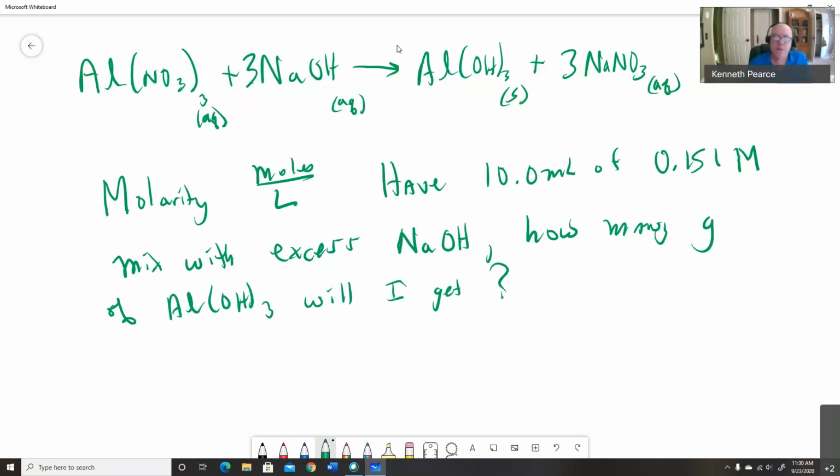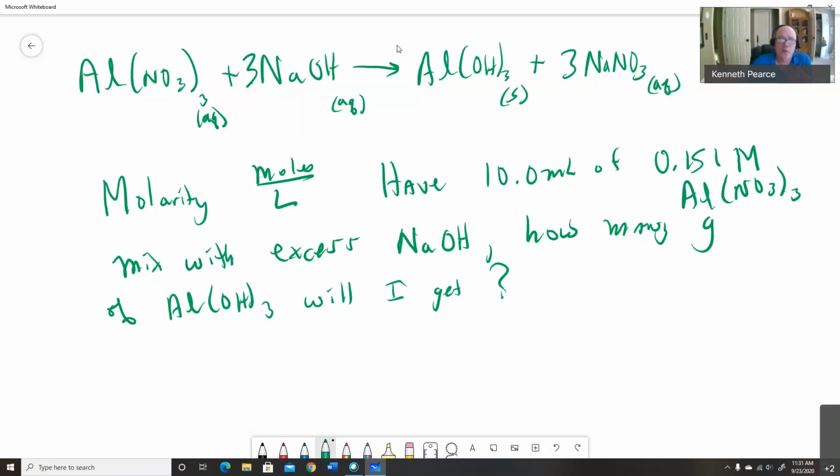Okay, now, the first thing that you have to do anytime that you see molarity in any problem, you're given the concentration, which is in moles per liter, and that was milliliters, by the way, of aluminum nitrate. Anytime you have a molarity, the first thing you're going to do is write it out as a conversion factor.